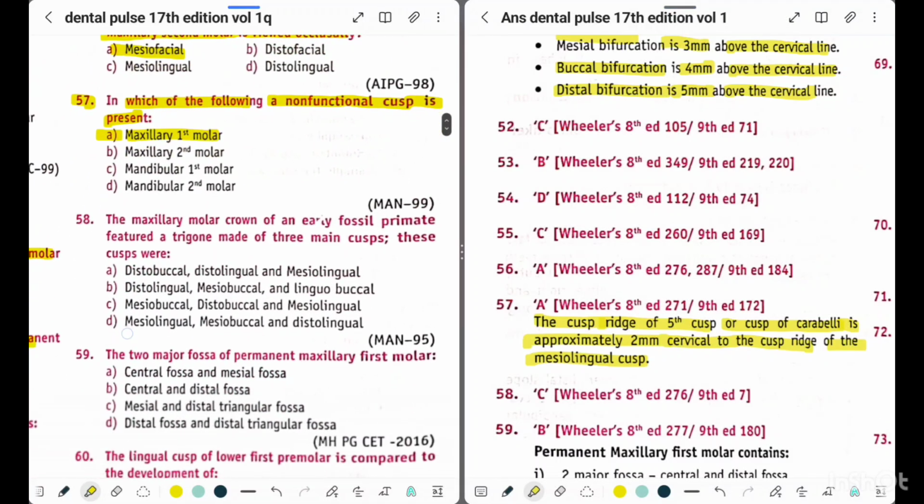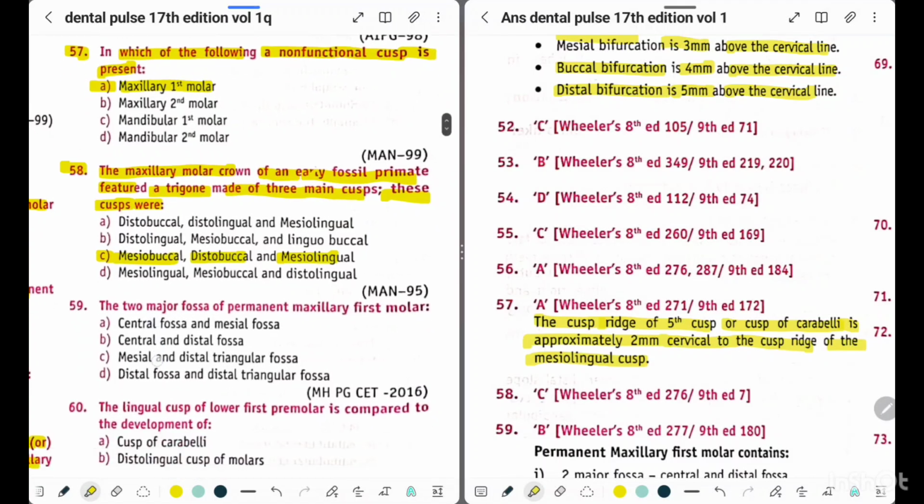Now question 58. The maxillary molar crown of an early fossil primate featured a trigone made of 3 main cusps. These cusps were. So its answer would be option C, mesiobuccal, distobuccal and mesiolingual.